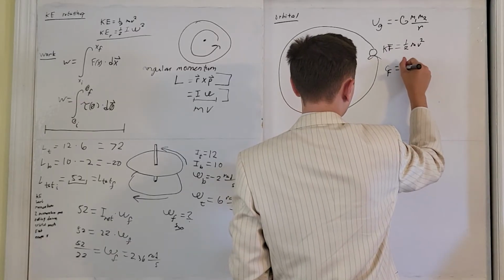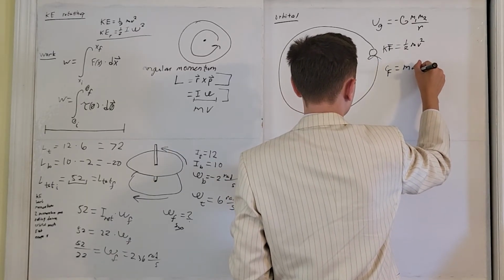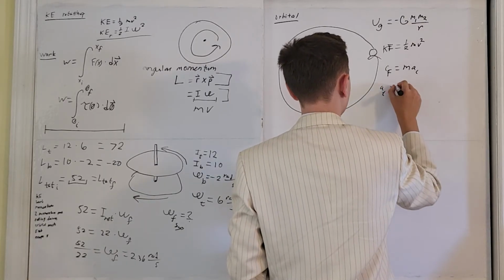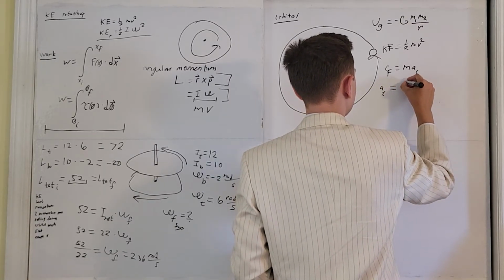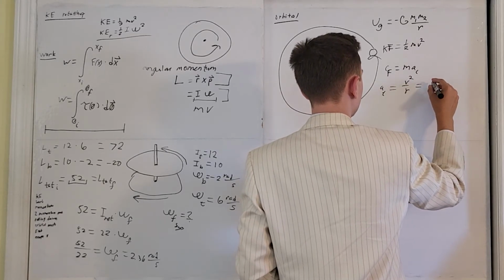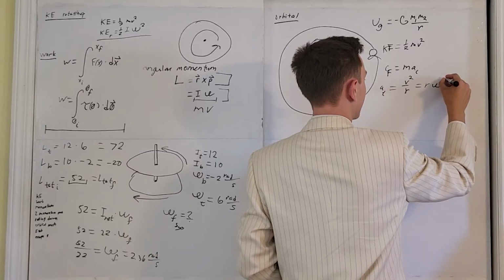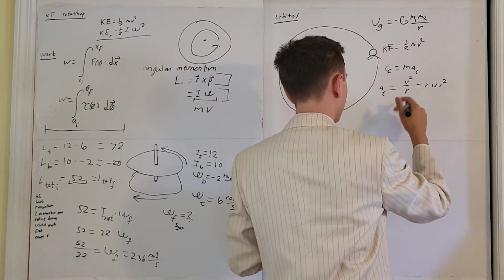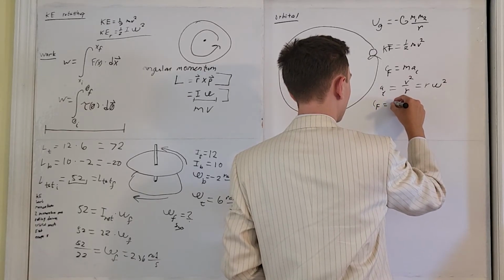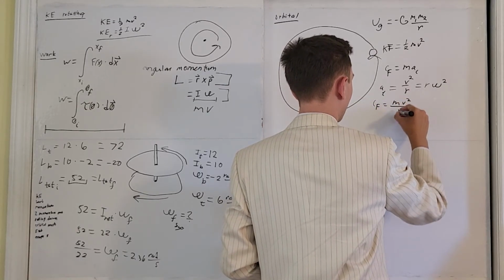And the centripetal force is equal to the mass of the object times the centripetal acceleration. And we know from the equation on the table that the centripetal acceleration is equal to v squared over r, or is equal to r omega squared. We would be able to say that if we want to interpret this in linear variables, our centripetal force is equal to mv squared over r.